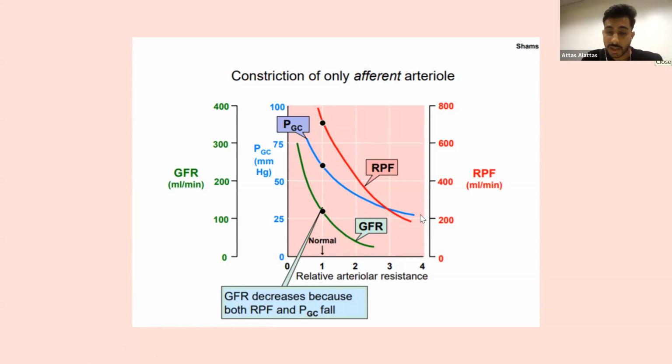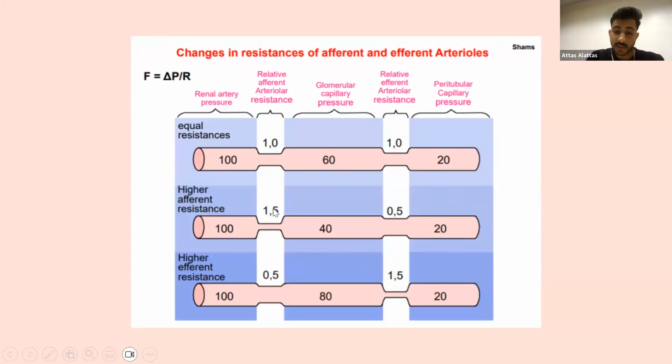So you will look at each factor alone, okay? First, we have the hydrostatic pressure, whether it will increase or decrease, and how it will affect the GFR. And then the renal plasma flow, and how it will affect the GFR. And in the constriction of only the efferent arteriole, you're constricting before the glomerular capillary, so less blood is going into the glomerular capillary.